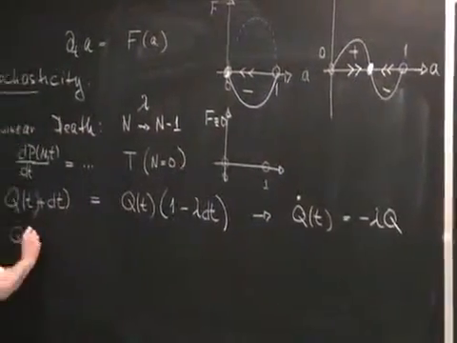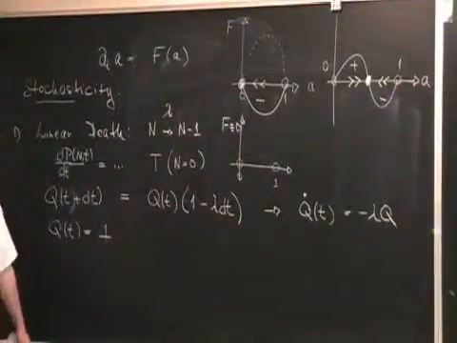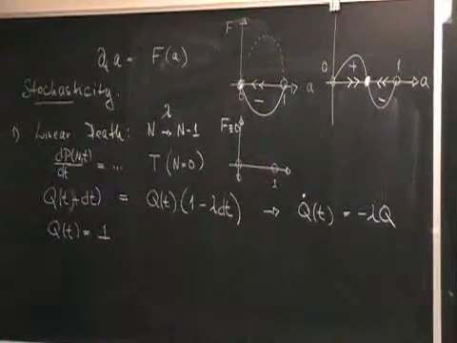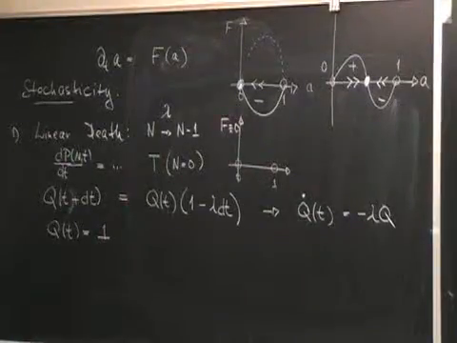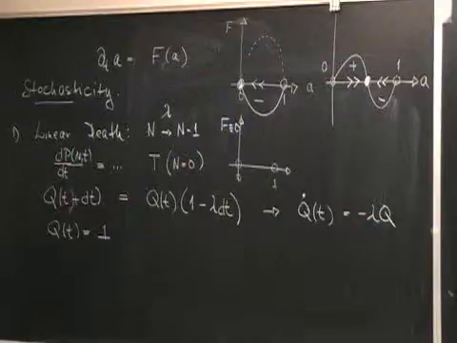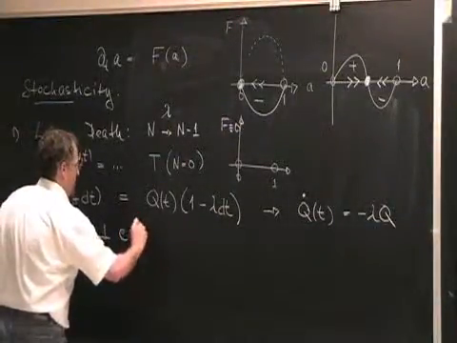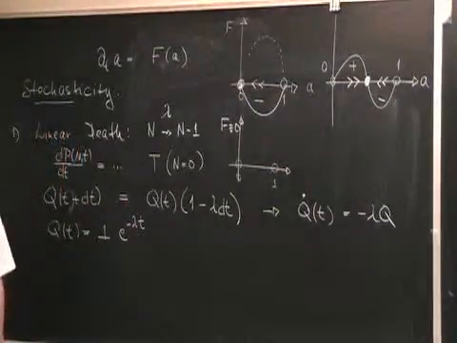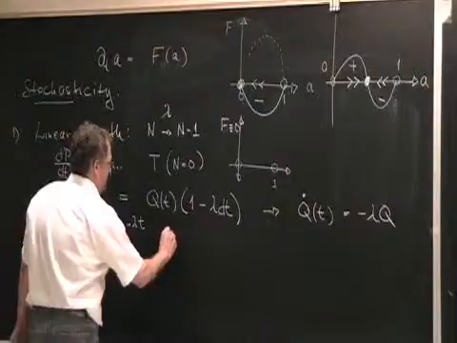The solution of that is q of t equals 1, because the initial condition is that the individual is alive at time equals 0, so q of 0 is 1, and you multiply this by the exponential of minus lambda times t. So what we learn from that are two things.